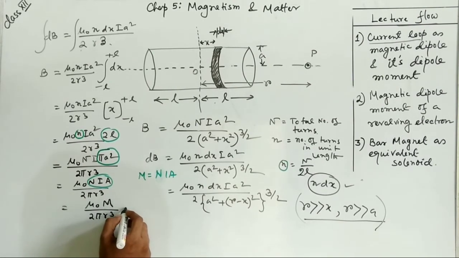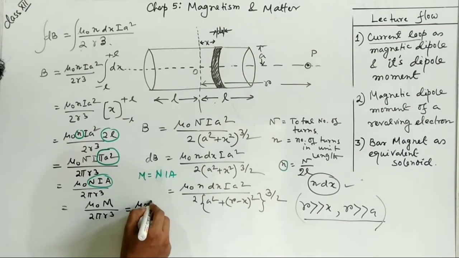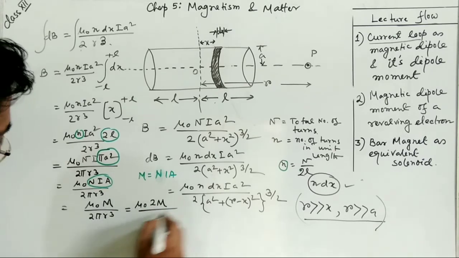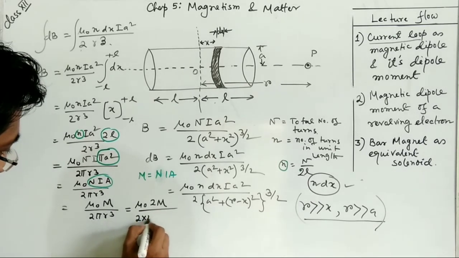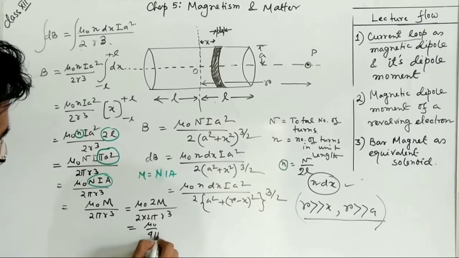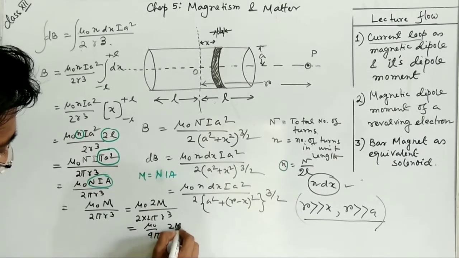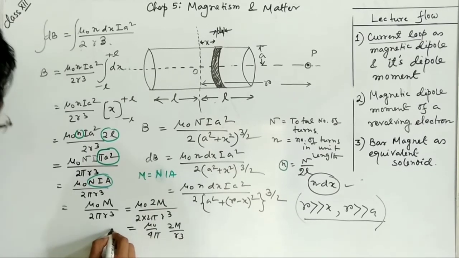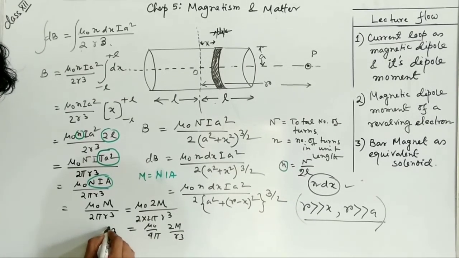So here we can write mu 0 2m by 2 into 2 pi r cube, that is mu 0 by 4 pi, 2m by r cube, that is B.